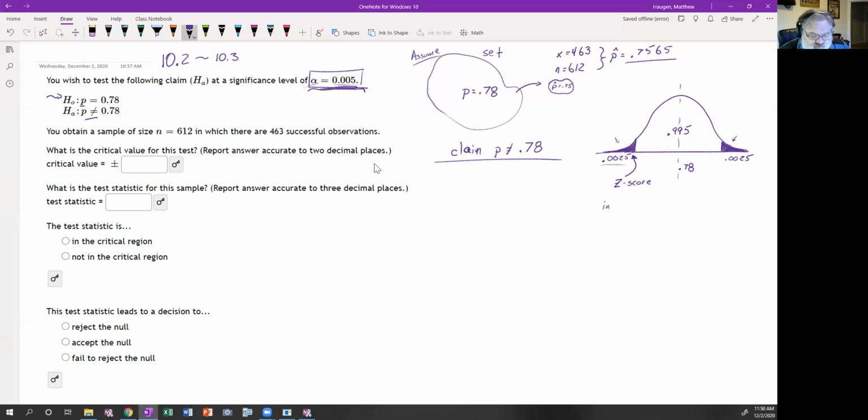We do our inverse. So our inverse norm, the proportion we want, 0.0025, with a mean, well, this is supposed to be a z-score, right? If it's a z-score, our mean is 0, our standard deviation is 1. Fair? When you do that, what do you get?